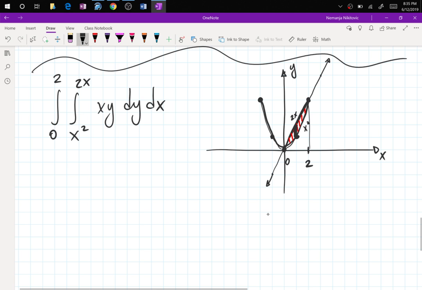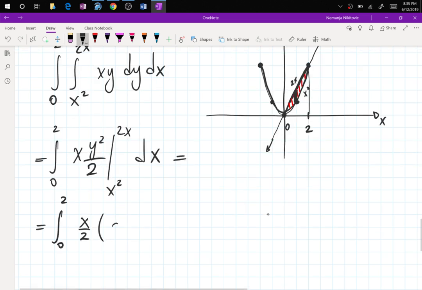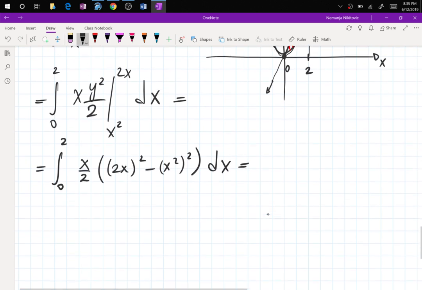So now to integrate this real quick, we have 0 to 2, integrating with respect to y, so it's xy squared over 2, computed from x squared. I have 2x squared minus x squared squared dx. And I just need to clear up this annoying algebra.